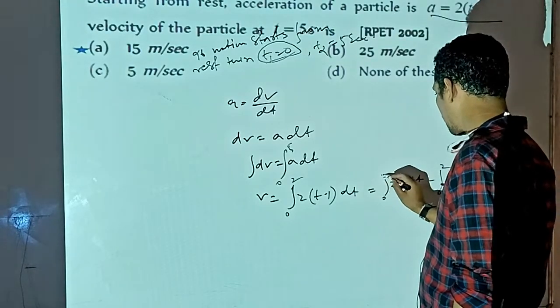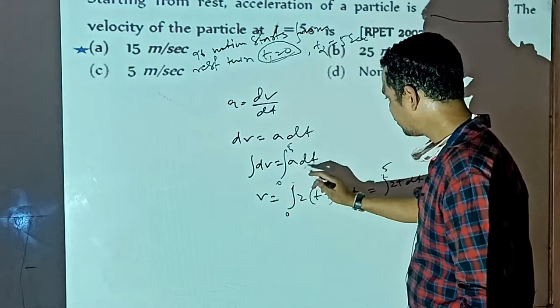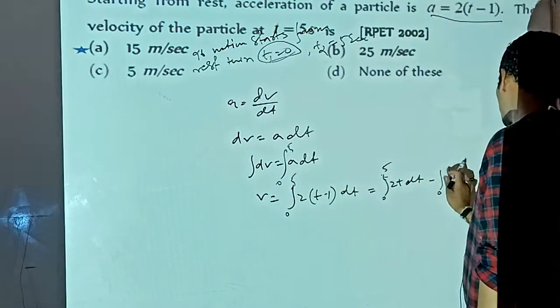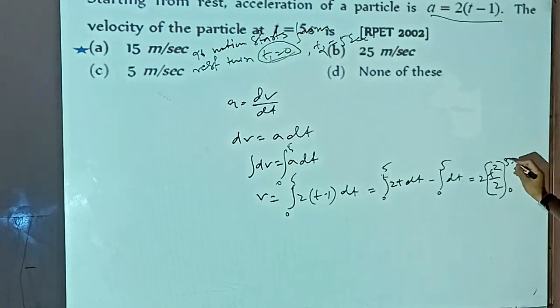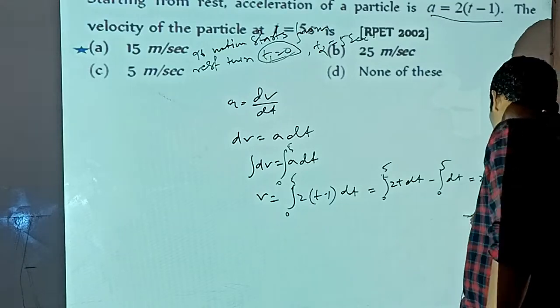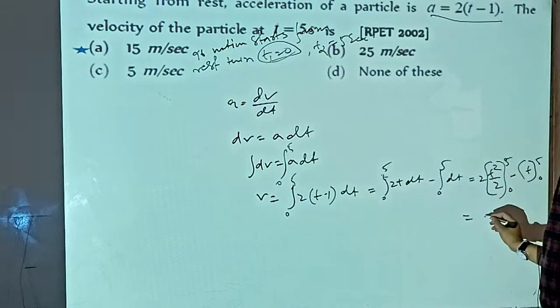The limit is 0 to 5. So you put the value of the integration, that is minus t, with lower limit 0 and upper limit 5.